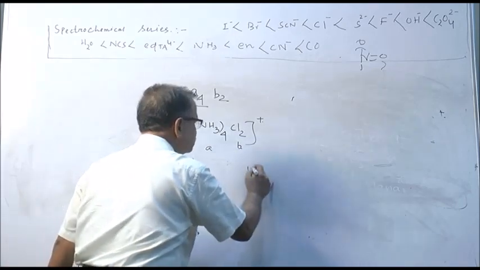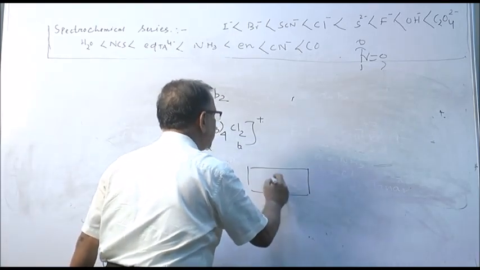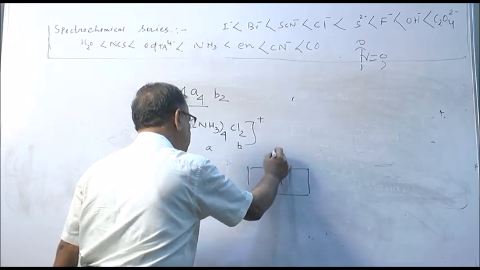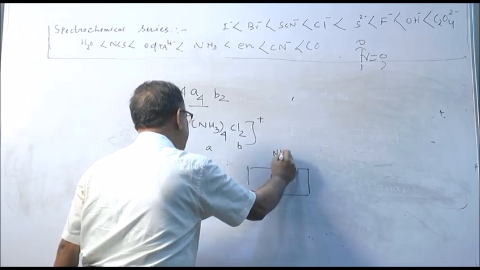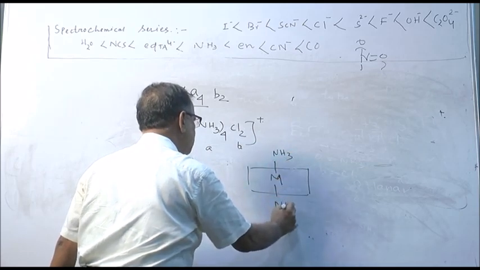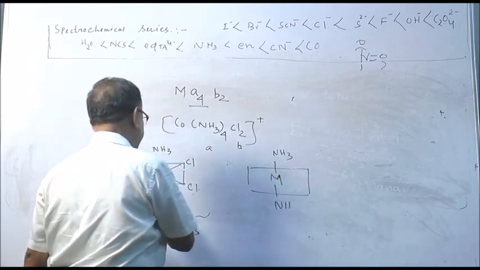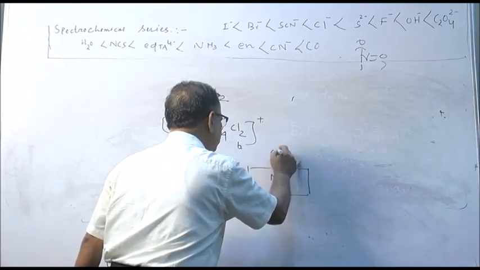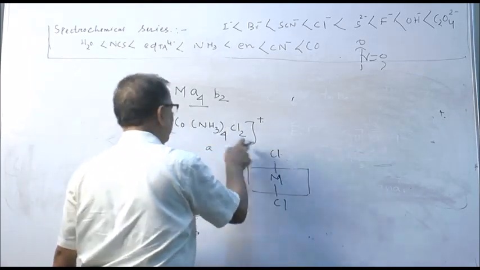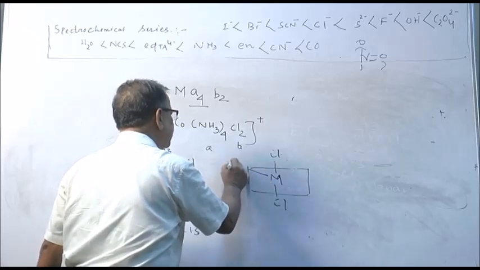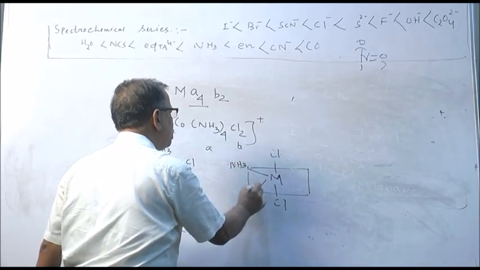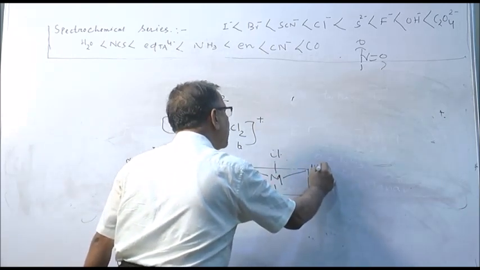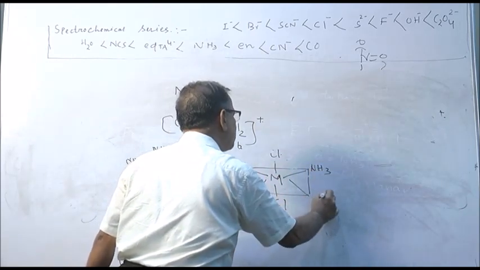Now here M, NH3, Cl, NH3 opposite direction they remain. You may write Cl to B, Cl B, NH3 NH3 NH3 NH3.